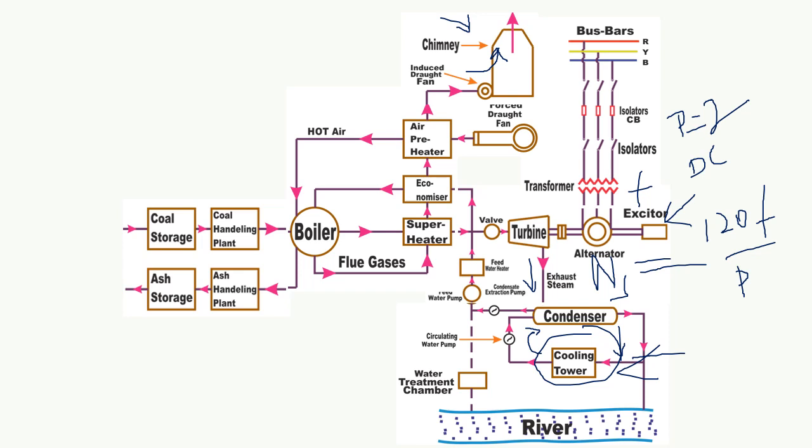The particles present in the flue gases have electrical properties, so they are attracted towards a charge. Those dust particles can be removed by an electrostatic precipitator.